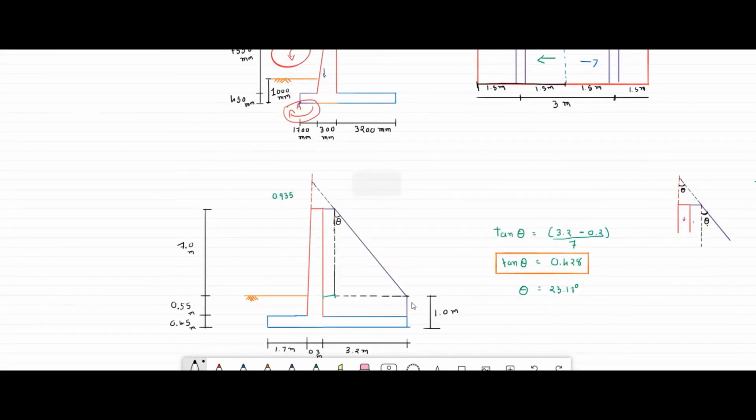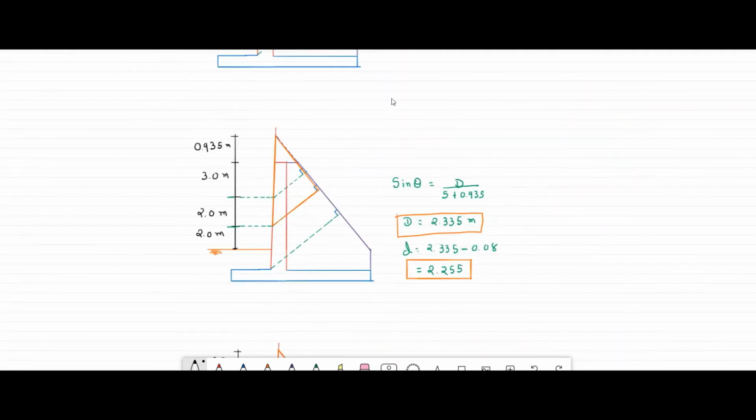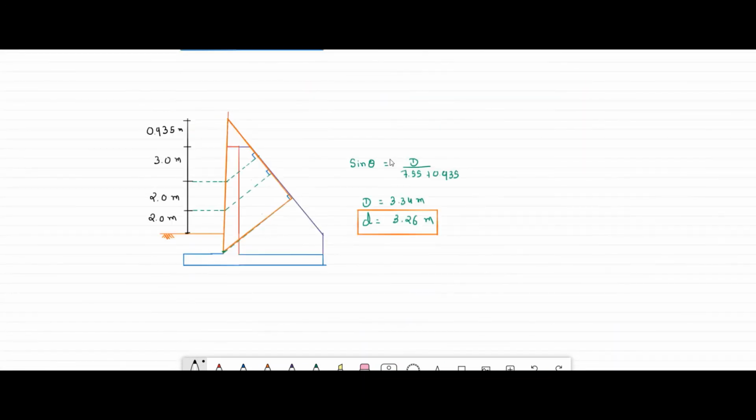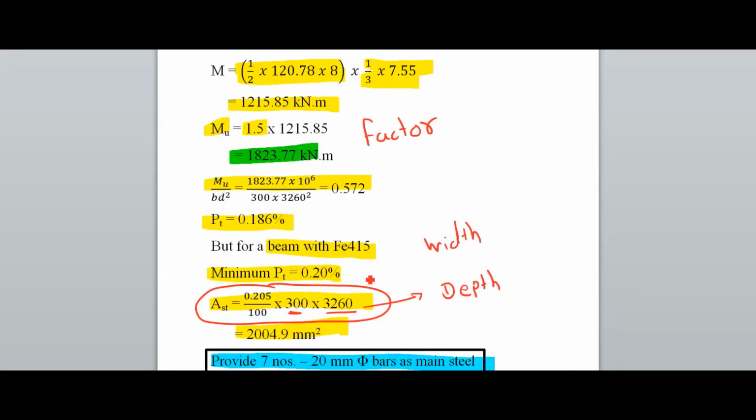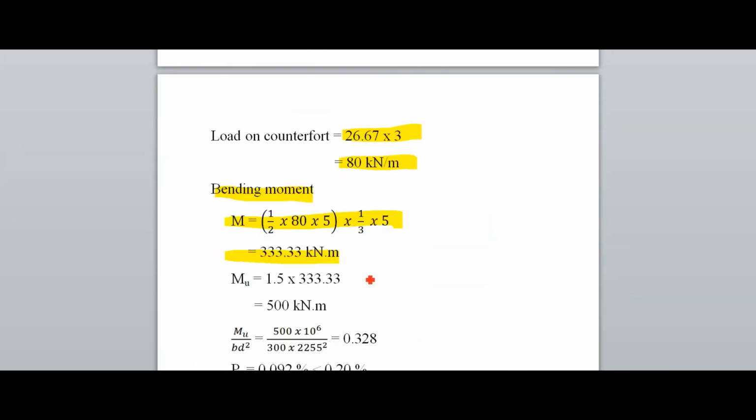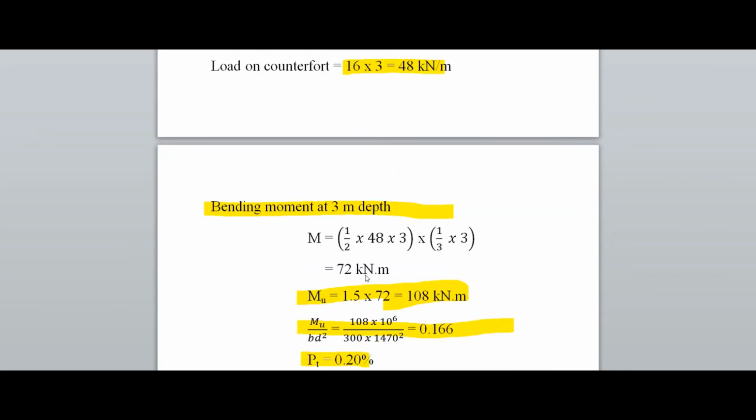For the 8 meter height, we have this depth. Look at it, 3.26 meter converted to mm is 3260, right? So this depth is taken, that's why we require this depth. Okay, so your design is completed.